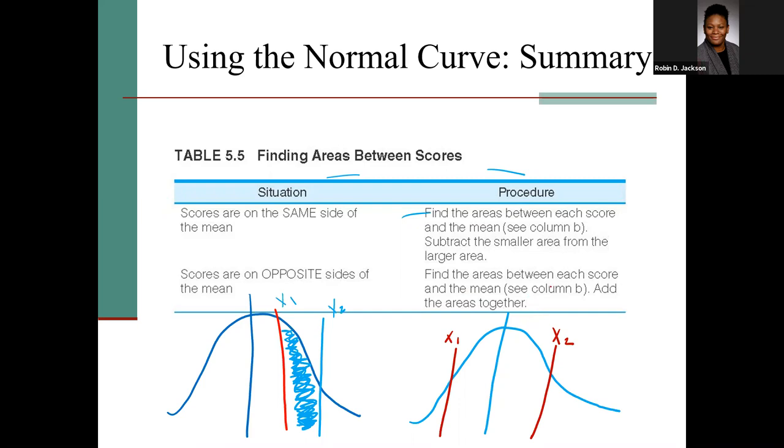You find the areas between each score. So you find this area here, you find this area here. And remember, the way we find the area between a score and the mean is by looking at column B. And you just add the areas together. That's essentially how you do that.